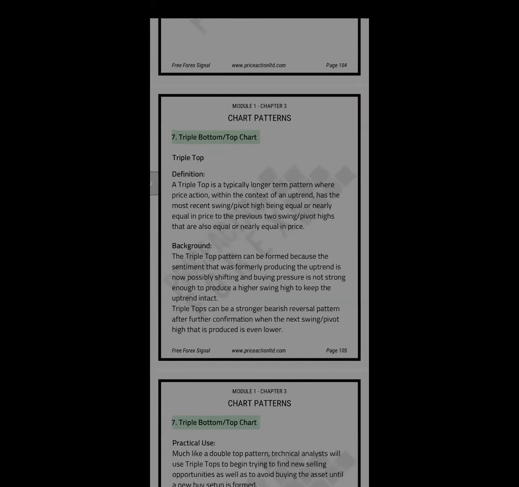A triple top is typically a longer term pattern where price action, within the context of an uptrend, has the most recent swing or pivot high being equal or nearly equal in price to the previous two swing or pivot highs, which are also equal or nearly equal in price. So what I'm trying to say is when the third high is now equal to the previous two highs, which are also equal to each other.